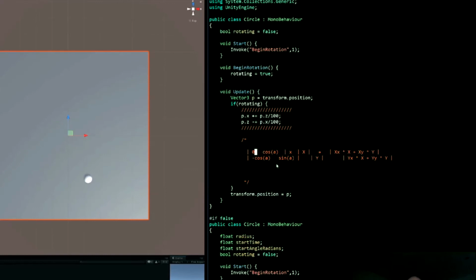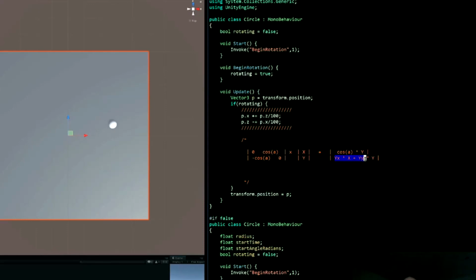But if I do that, basically it means that if A is very small, the sine of A is practically 0. So I'll just write down the approximation like this. And what you get is that the rotation is the cosine of A times y, and the other side minus the cosine of A times x.